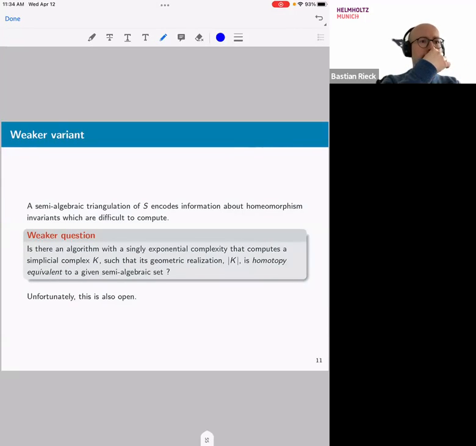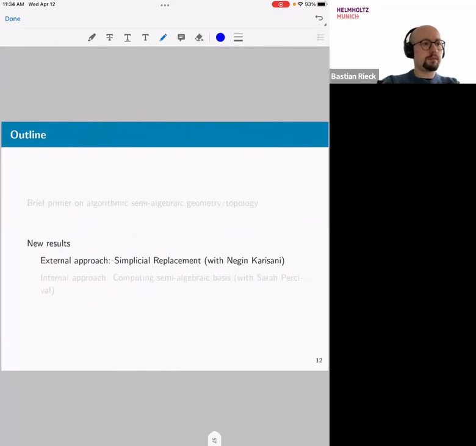So it encodes homotopy information up to dimension L for some fixed L. This corresponds to the external approach because this simplicial complex will not be a triangulation of the set itself. It will be some abstract simplicial complex whose polyhedron has some homotopy properties of your given semi-algebraic set.